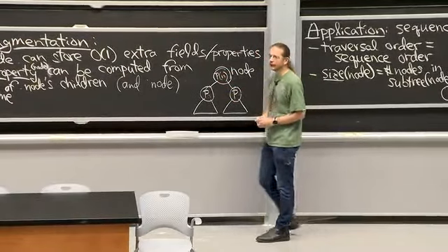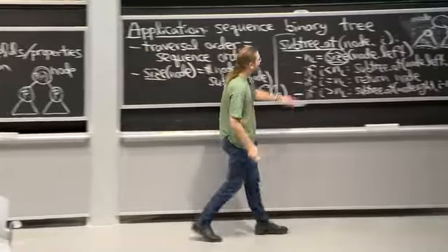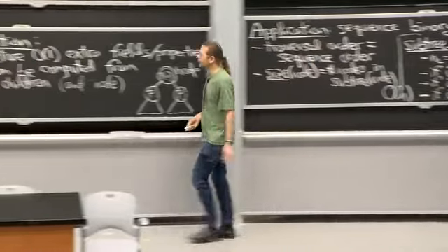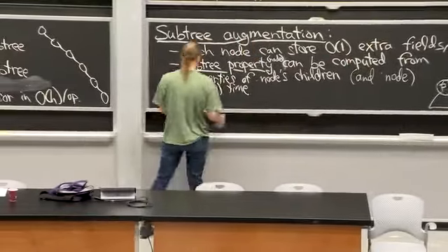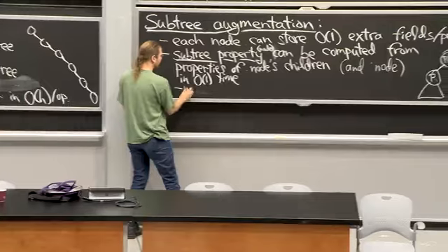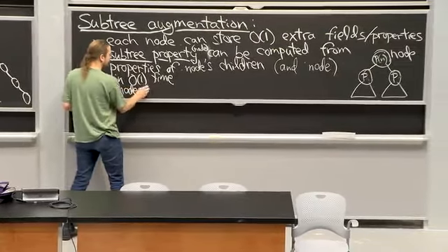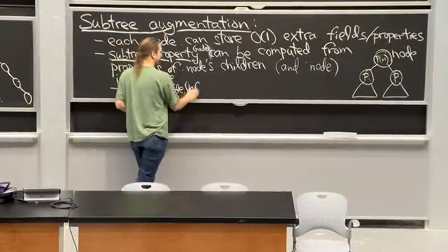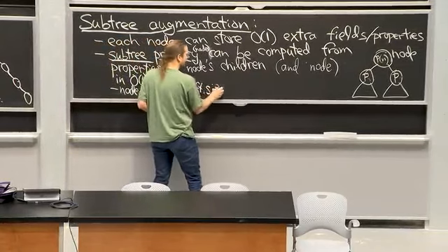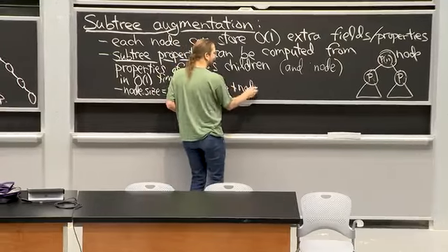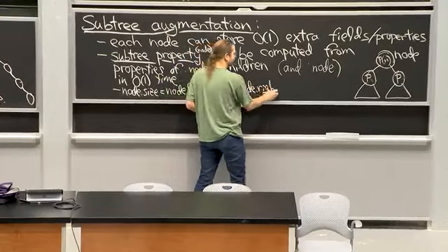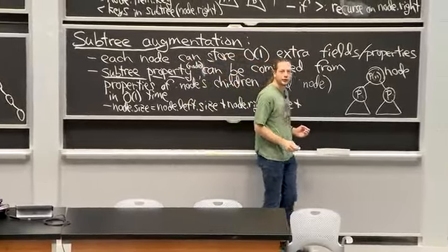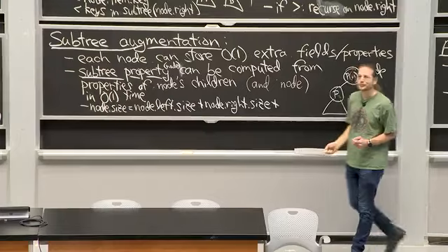That's a subtree property. Now, in particular, size is a subtree property. Why? Because I can write this recurrence: node.size equals node.left.size plus node.right.size plus 1.